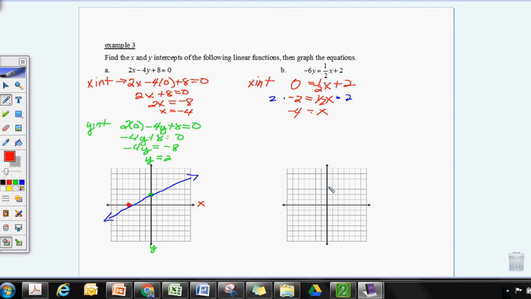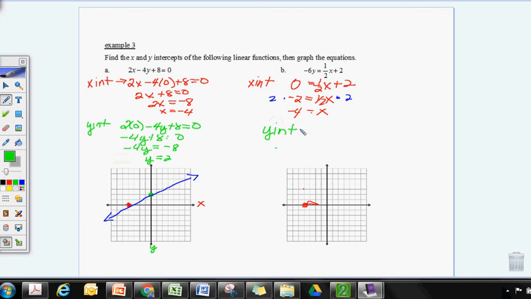So on my x-axis, 1, 2, 3, 4. There's my dot. Sorry for the extra squiggle.